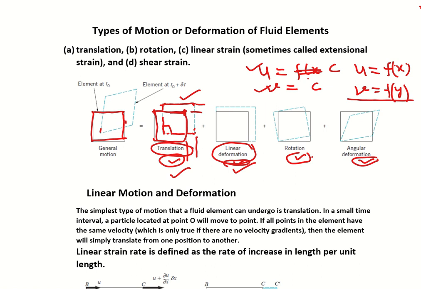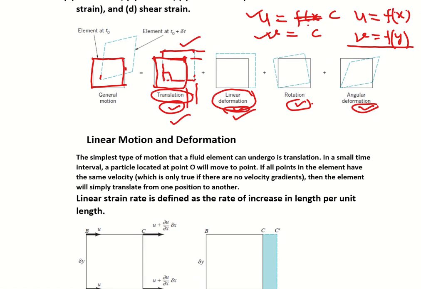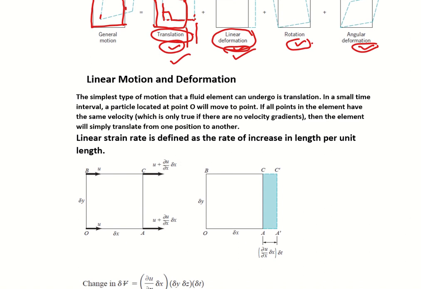Because of that, what happens? For x direction, I have shown here with the help of this figure. This is the original element O, A, C, B. Now here the velocity is u. It is shown here with the help of the u vector.